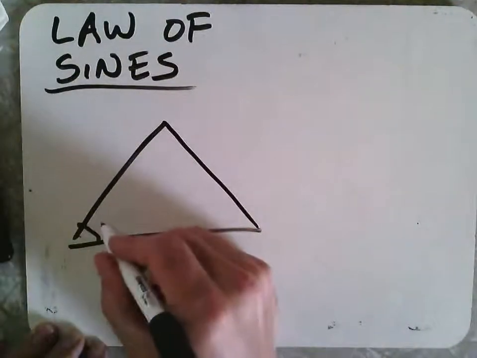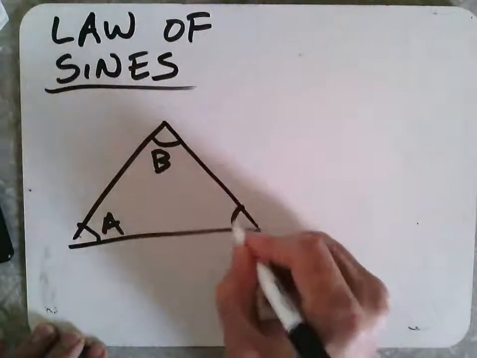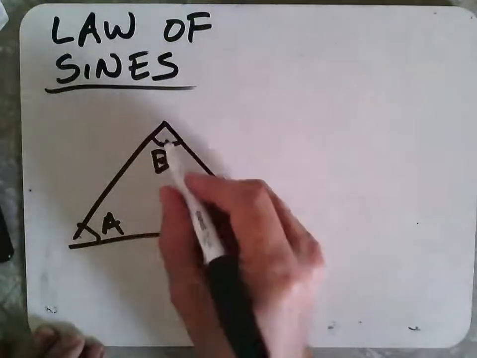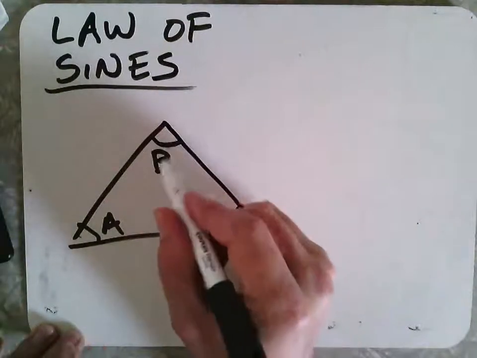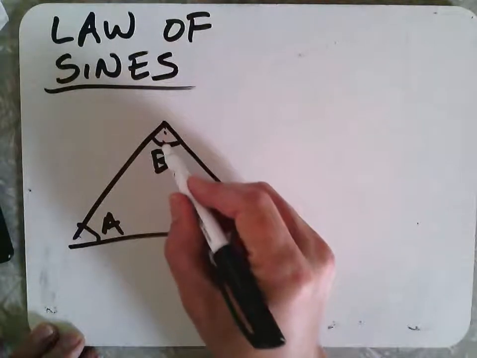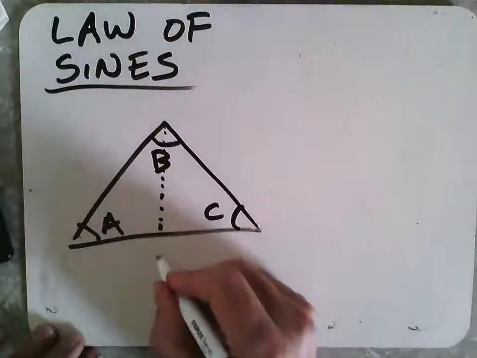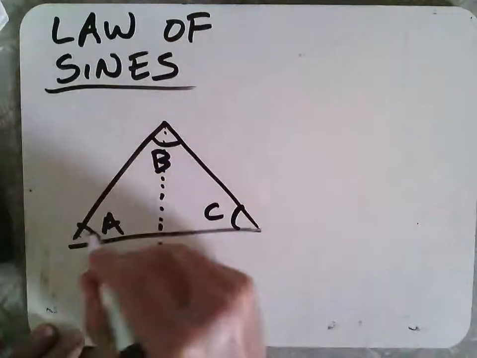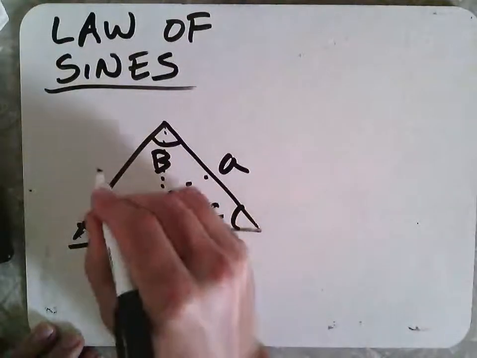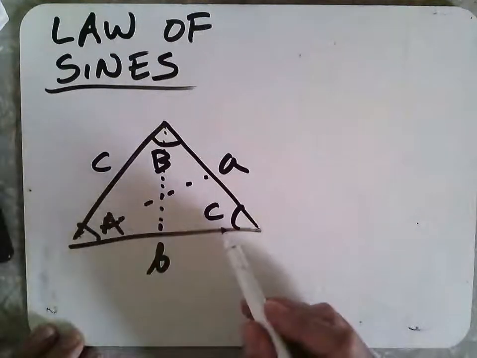So we'll say this is angle A, this is angle B, and this is angle C. And then across from each of these, kind of in the same way as you're used to when you're finding the opposite side in a right triangle, imagine like if you shoot a laser beam kind of out from each of those. That's the opposite side. And so we'll call that side little b, this one side little a, and this one side little c. So you see that the sides are opposite their corresponding angles there.